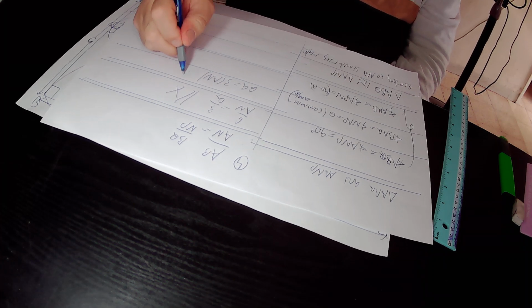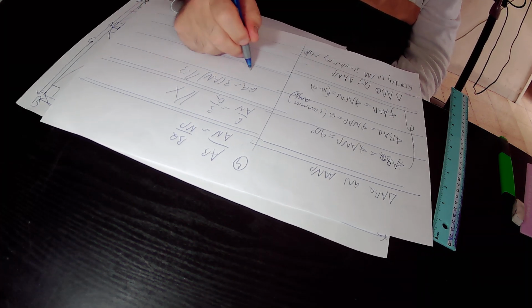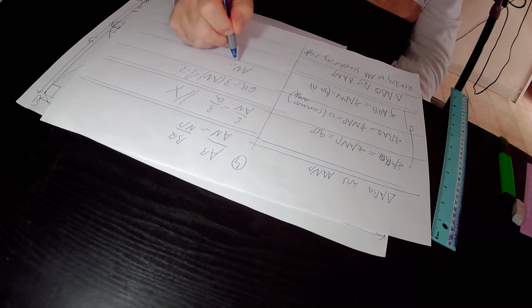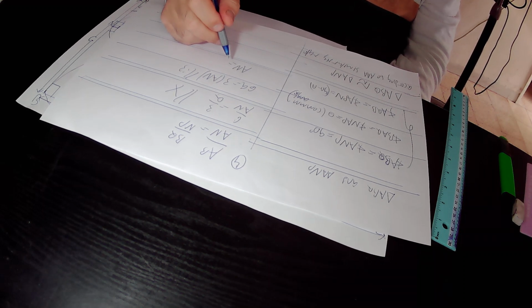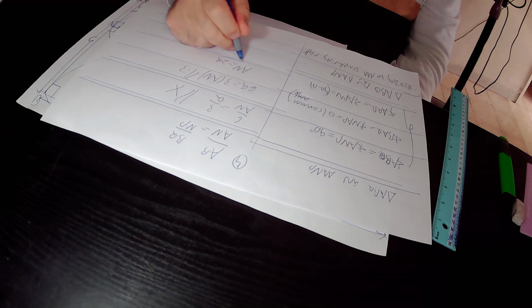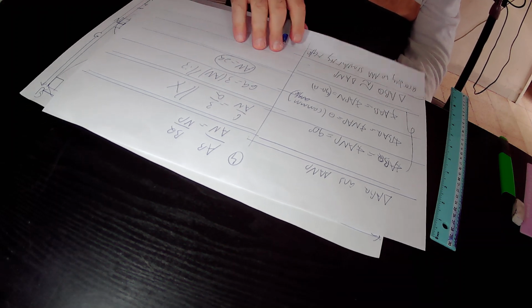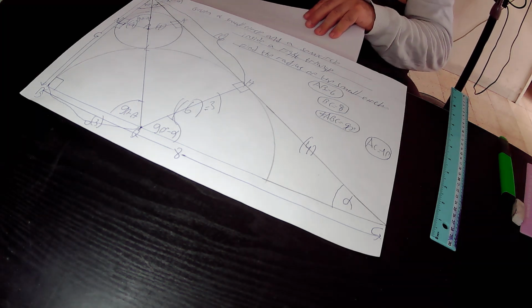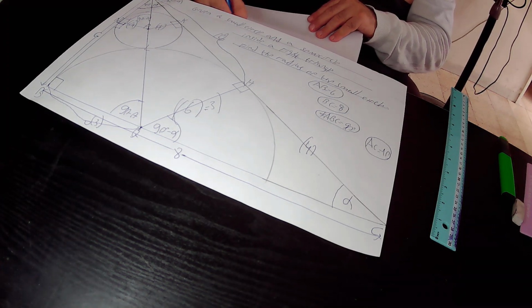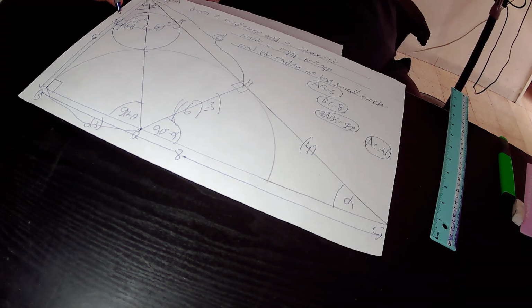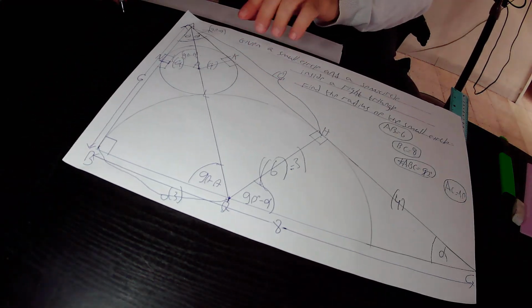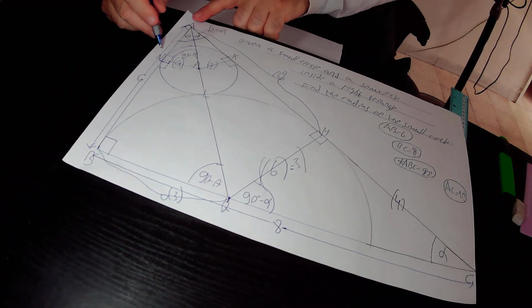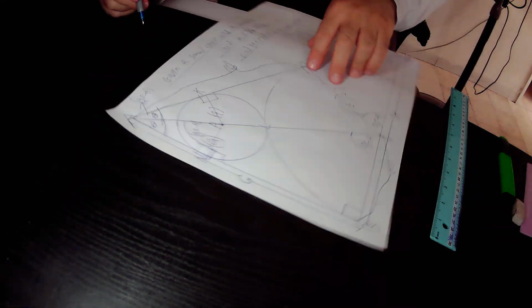Here we divide this equation by 3 and finally get that the missing side AN equals 6A over 3, which is 2A. So the missing side AN equals 2A units in its length.